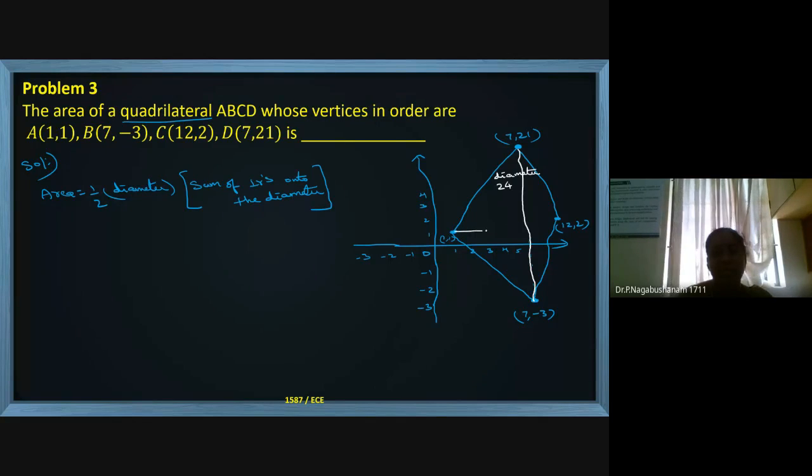Now what is the distance over here? If you draw a perpendicular from one vertex onto the diameter, this is a perpendicular. X value over here is 7.